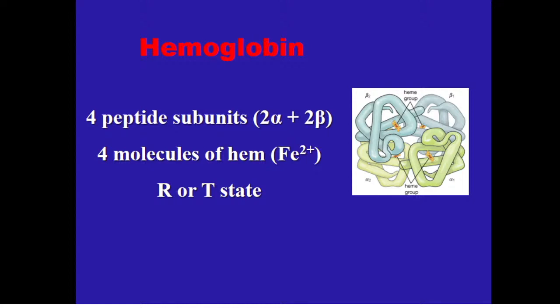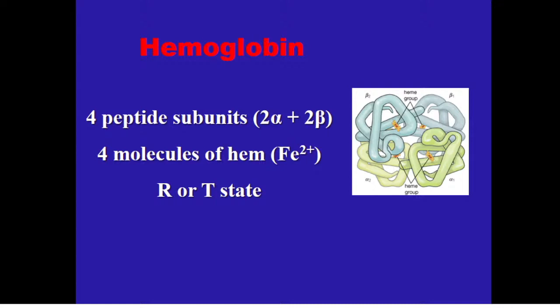When I ask, are all subunits of hemoglobin the same in primary structure, or maybe they are all different? A big part of the students immediately agree with me. Look, please, it's a heterotetramer.